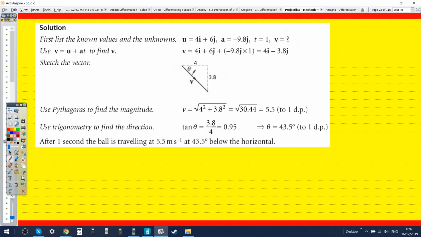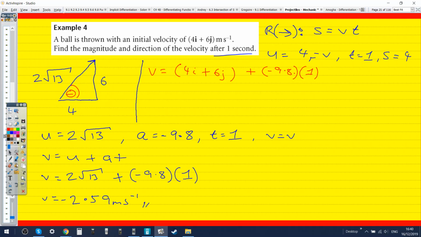To find the magnitude, v is equal to 4i plus 6j. Ah, yes, so it's minus 9.8j for vectors, because that goes straight down.